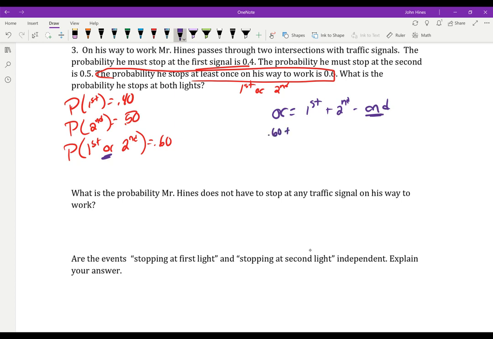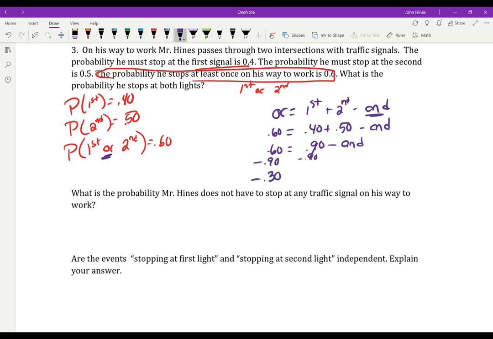So it just becomes a plug-in algebra problem. 0.60 equals 0.40 plus 0.50 minus AND. OR equals first plus second minus AND. 0.60 equals 0.90 minus the AND. I'm going to subtract 0.90.